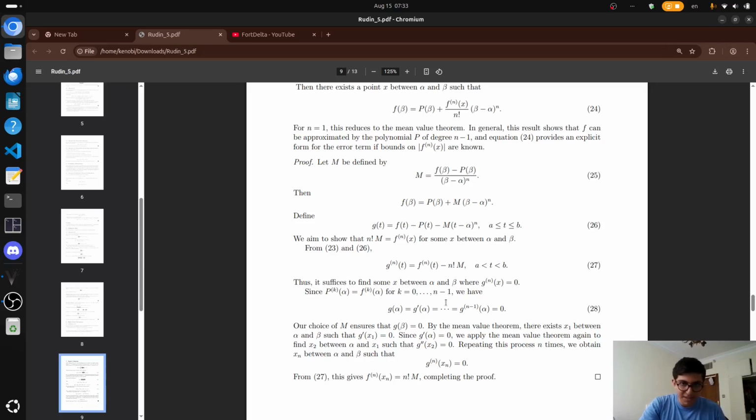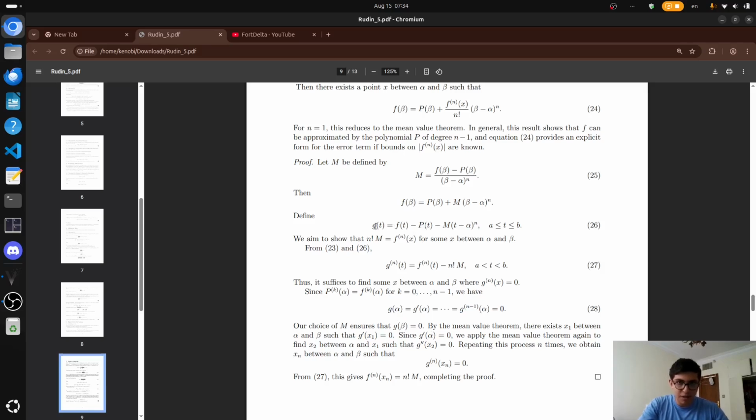So that means that if we take g of alpha, all these derivatives will go to 0. Why?